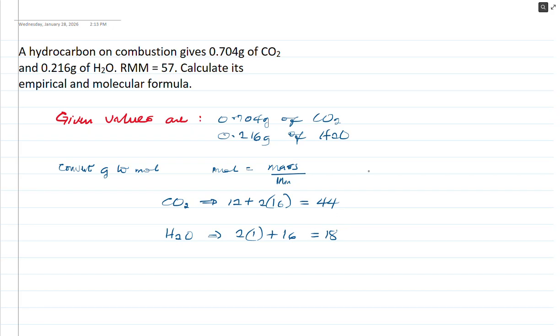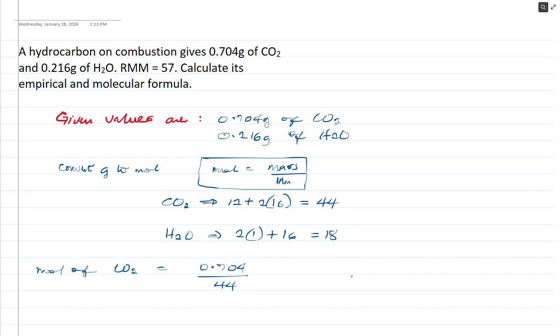So we can convert the mass of each one of them to moles using mole equals mass over molar mass. The mole of carbon dioxide is going to be the mass of carbon dioxide, which is 0.704, divided by the molar mass of carbon dioxide, which is 44.